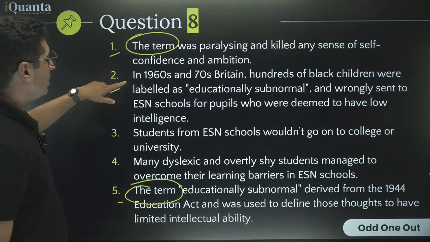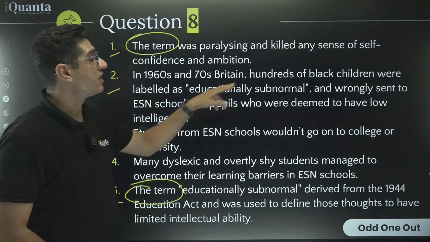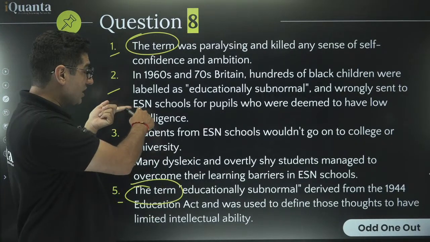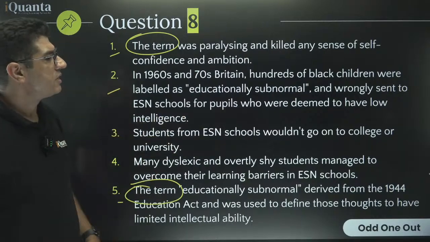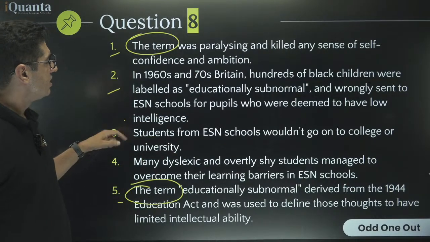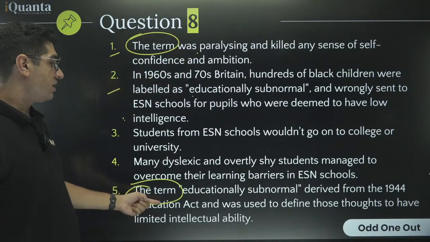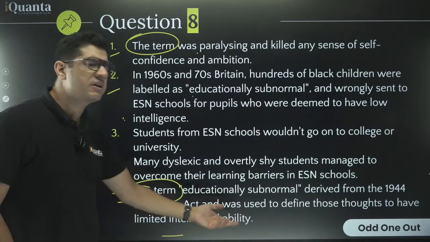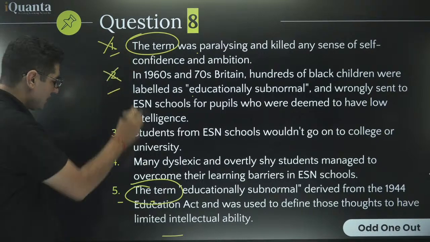So, in 1960s and 70s Britain, hundreds of black children were labelled as educationally subnormal and wrongly sent to ESN schools, educational subnormality schools, for pupils who were deemed to have low intelligence. Now, if you apply this label to somebody, it can be paralyzing. This term was used to define those thought to have limited intellectual ability. So definitely connected. So I think these can be eliminated.